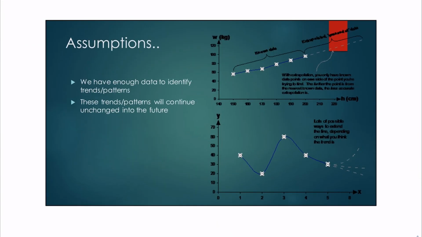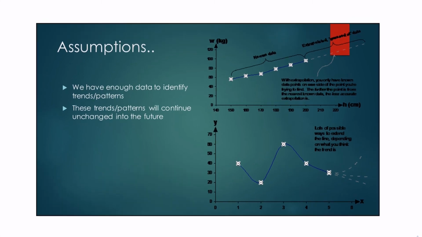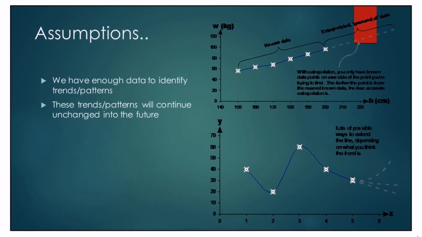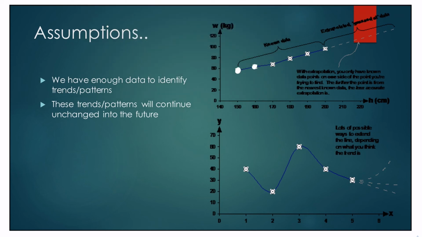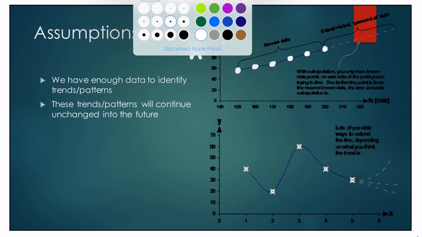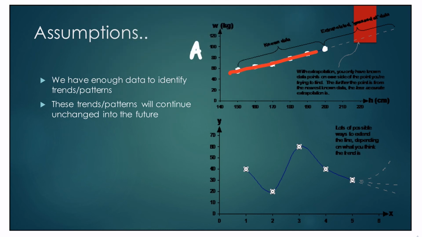Now, assumptions are very important. Apologies for the visibility here, but basically I'm trying to make the point that if you have data that's a trend like this, it's easy to fit. You can be quite confident in the relationship between x and y in graph A, because the data fits a very easy to see pattern, and therefore we can be very confident in our line of best fit when we have such data.